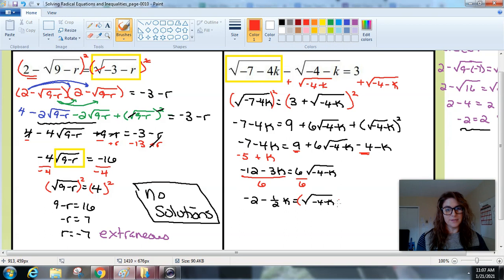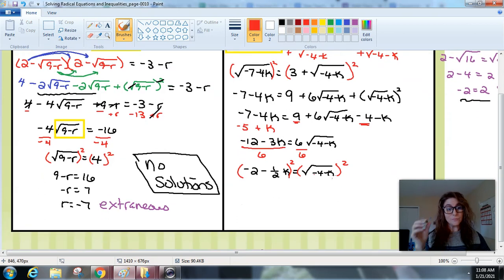Roots alone, so I can square it. And again, just an effort to save space and time, I'm not going to write out all the steps here, but we're going to multiply it by itself. So a -2 times a -2, that's a +4. -2 times a -1/2 k is a +1k.